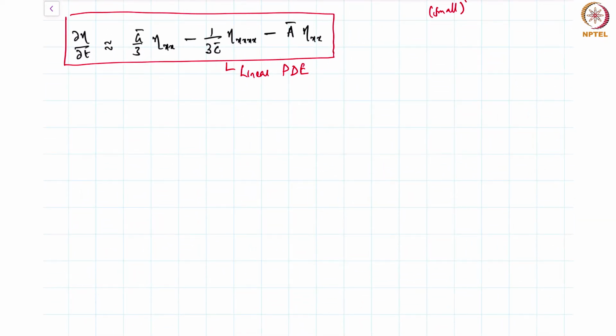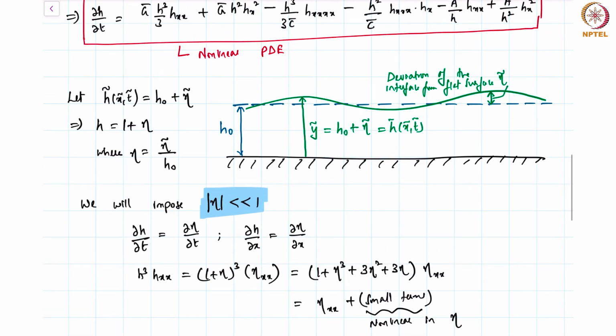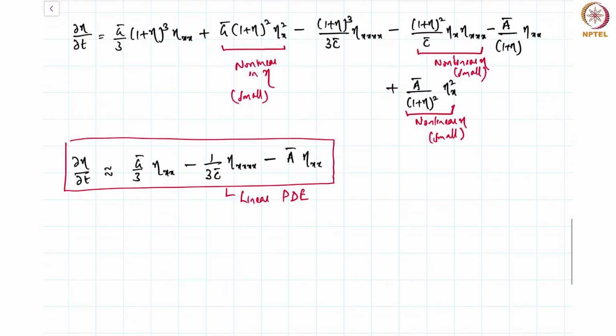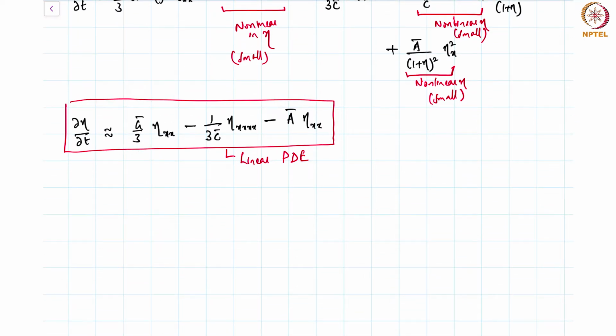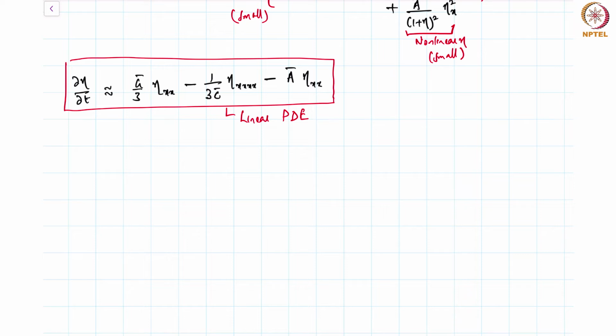So in other words, if you notice here that this is an interface which is basically going from minus infinity to plus infinity in the horizontal direction, and any arbitrary disturbance of this nature, which is eta hat, can always be written in terms of a Fourier decomposition in the x direction. We've already done this when I gave you a brief introduction to linear stability analysis. So we'll be following that discussion here as well.